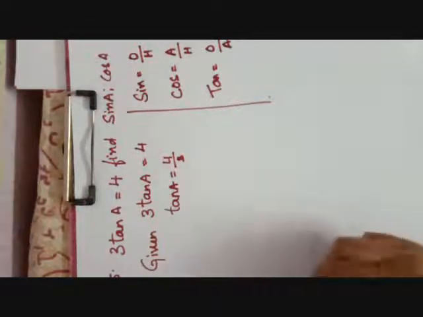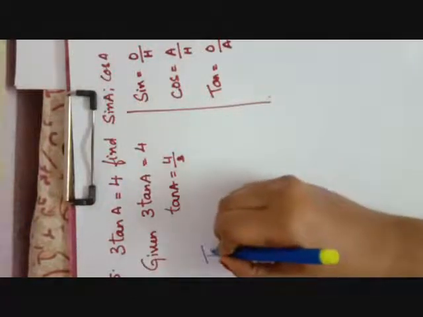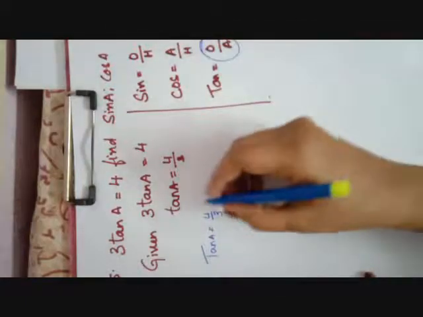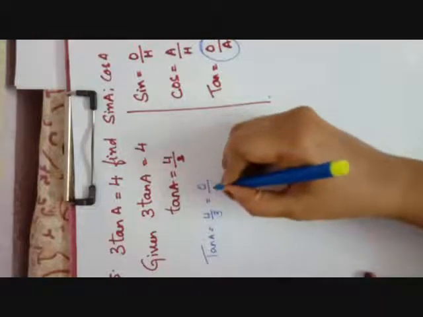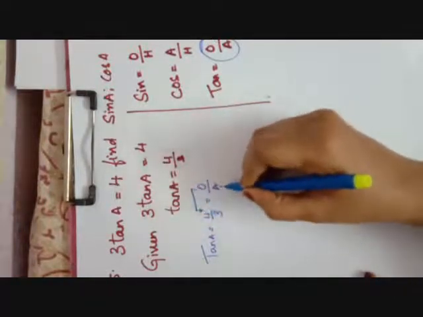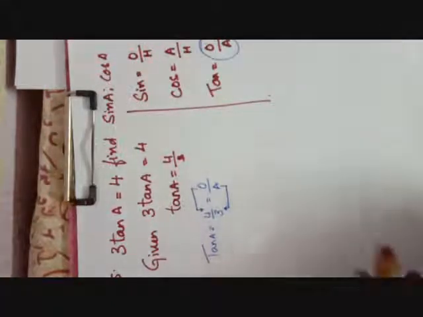Figure is again very important. Draw the figure. Tan A is equals to 4 by 3. So tan is nothing but opposite by adjacent. That is, opposite value is 4 and adjacent value is 3. Draw the figure. Label it. Name it.